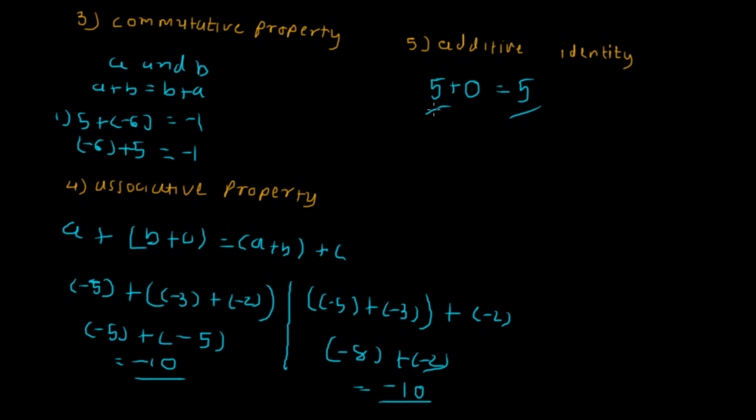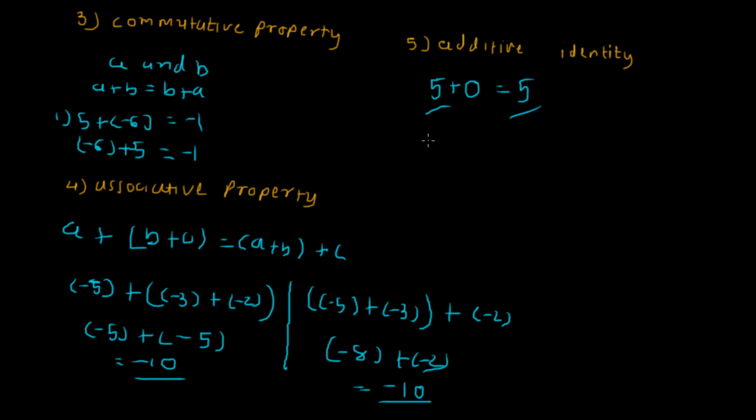So we get the same answer, 5. If we take integers and add 0 to an integer, and we get the same integer as the answer, then 0 is the additive identity for the integers.